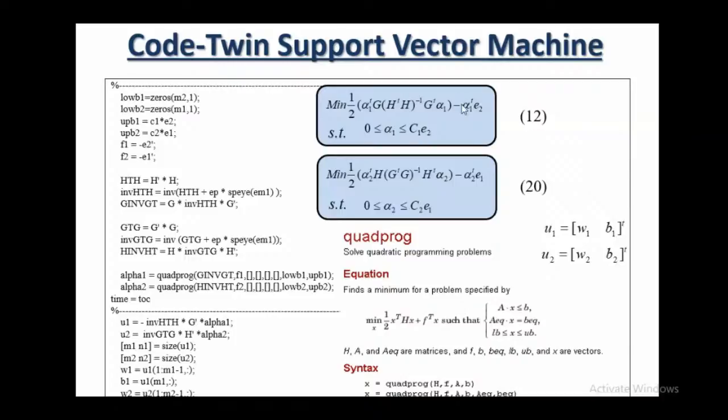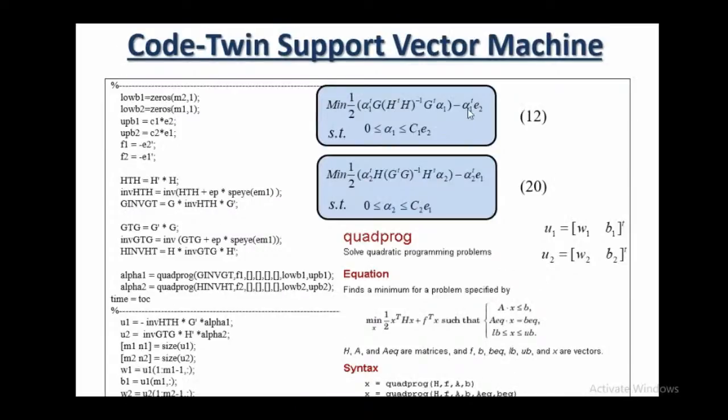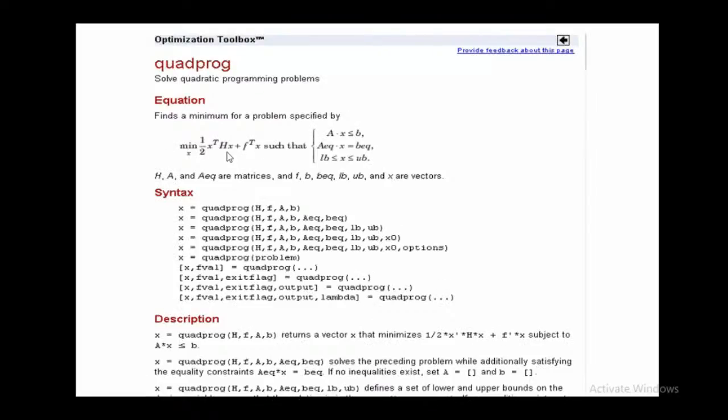So F1 is nothing but minus times this E2 transpose, because here you will see plus. That means you just relate this particular term with your problem, and you can solve this particular problem.